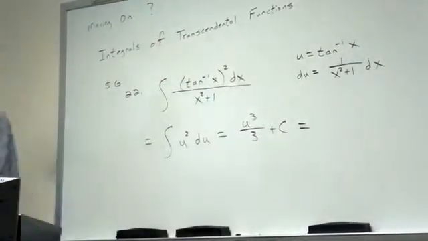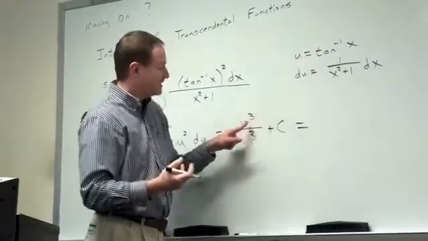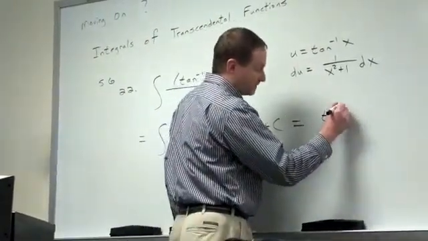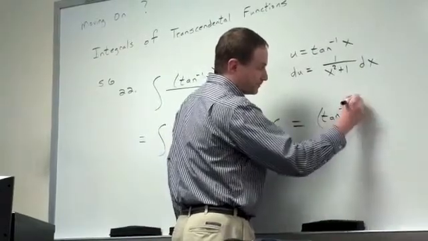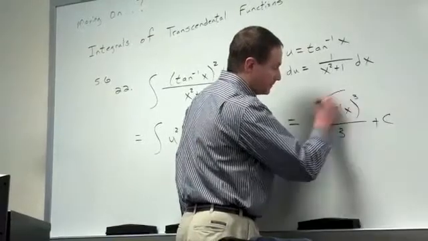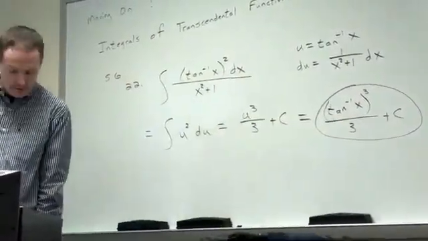Now substituting back in for u, this is the inverse tangent function cubed over 3 plus c. Final answer. That one was not as fun as I thought it would be.